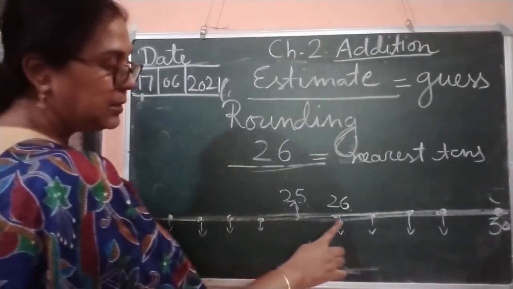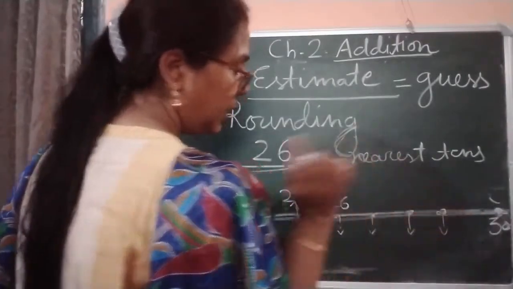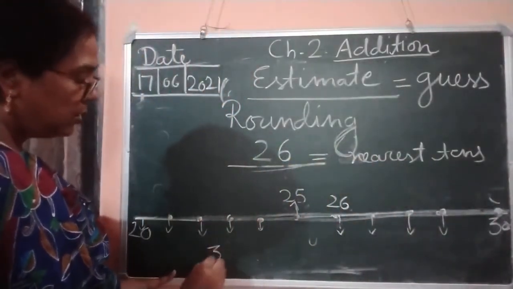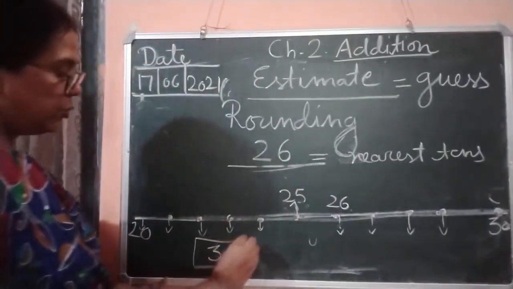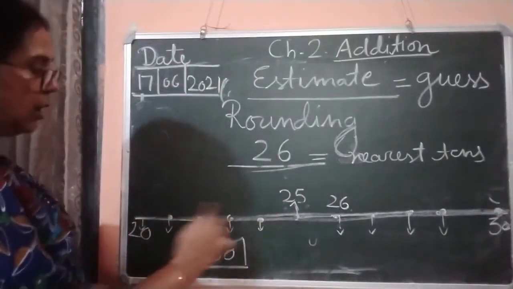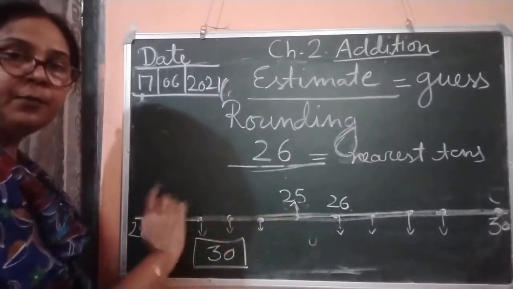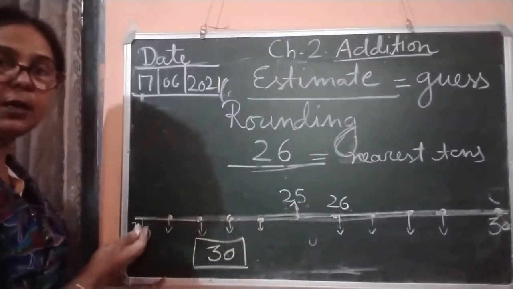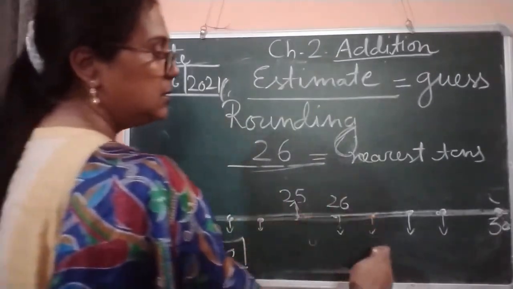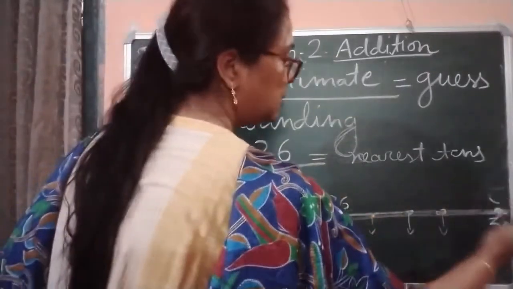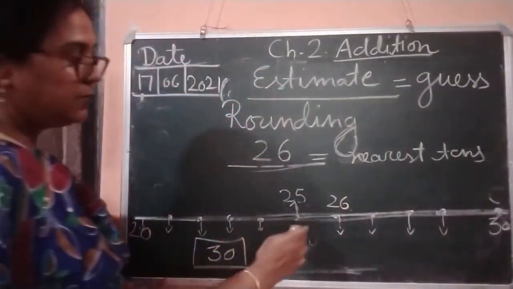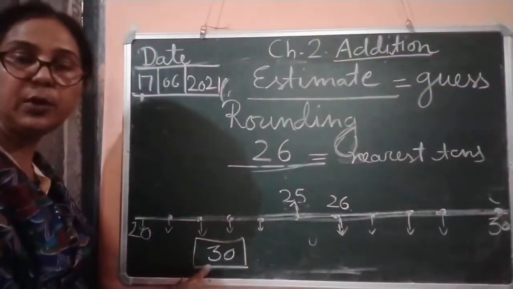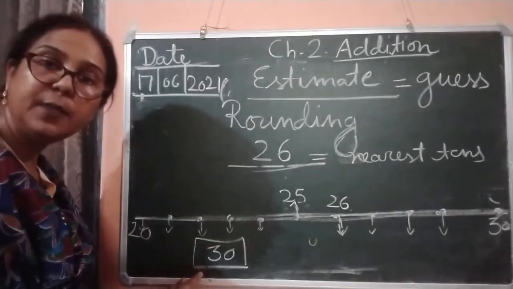Now here you can see it is closer to 30, right? That is why it is rounded to 30. It is not counted as 20, because that is early 20s, before 25. Here you can see this is past 25. So that is why 26 is considered as 30. So it is rounded to the number 30.